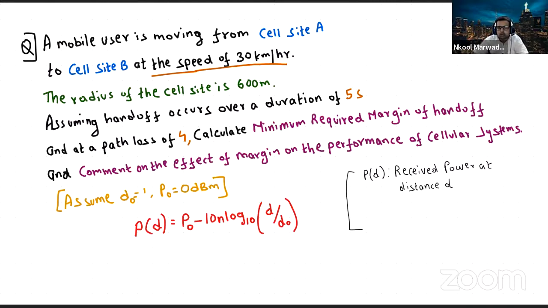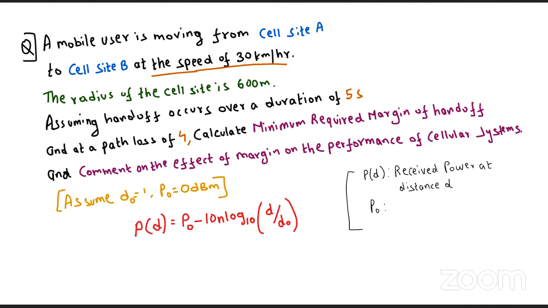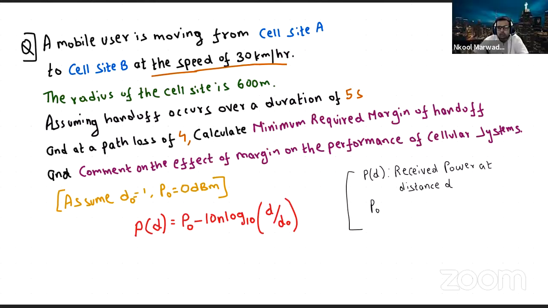P naught is the received power at reference distance d naught. d is the actual distance, and we take a reference distance which is very close to the base station, the antenna, the tower.